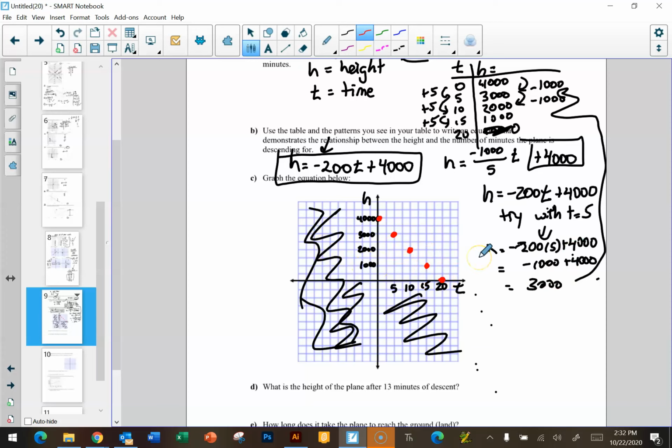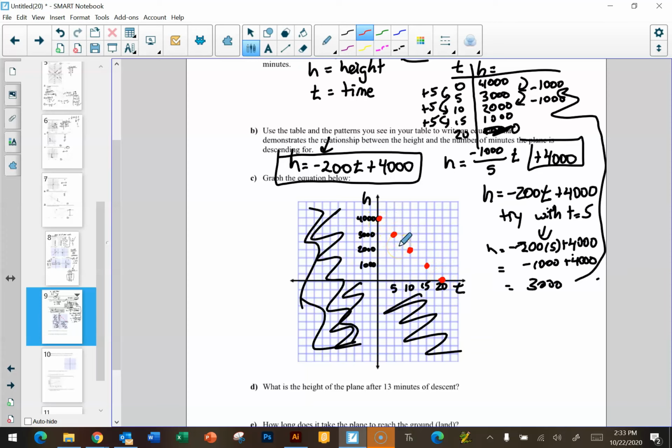So, question: do we join these points? Answer: yes, because the plane is continuously going down. It doesn't just go from 4,000 to magically 3,000. It goes 3,999, 3,998.